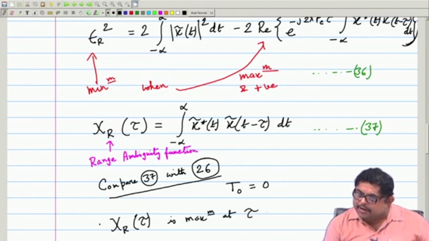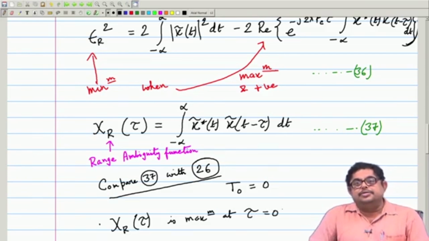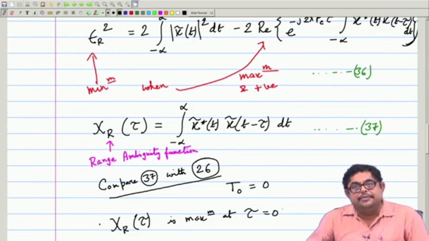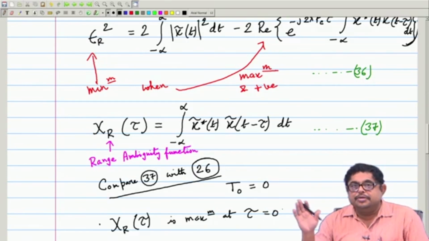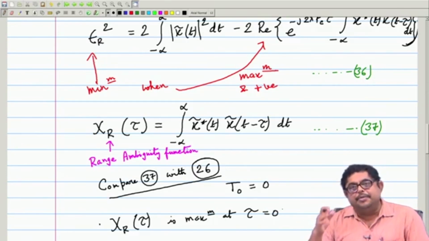We know from our undergraduate knowledge that the autocorrelation function for 0 delay will be maximum. So, when this comes, I will say only one target is there. Even if they come from different echoes, my inference will be that they are from the same target, because autocorrelation is high.